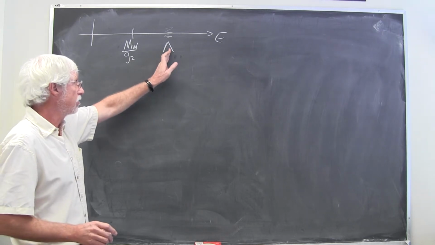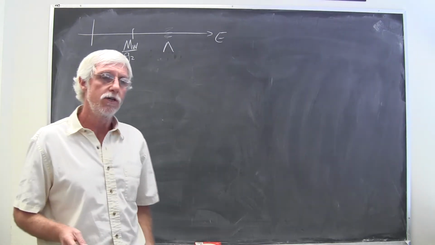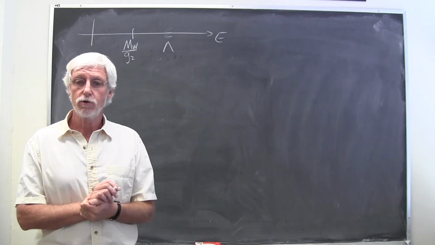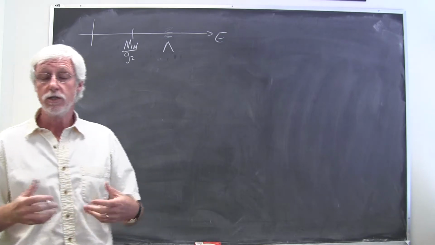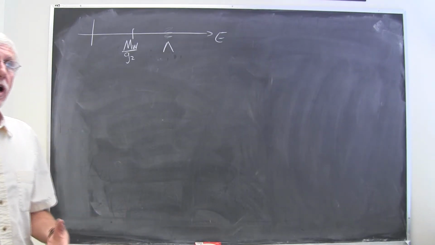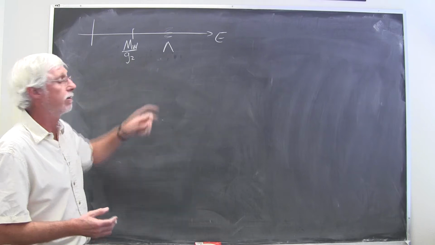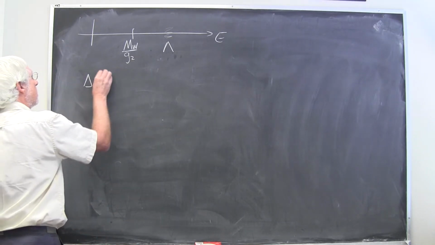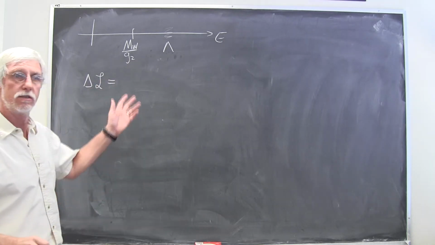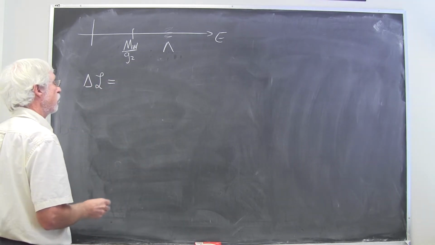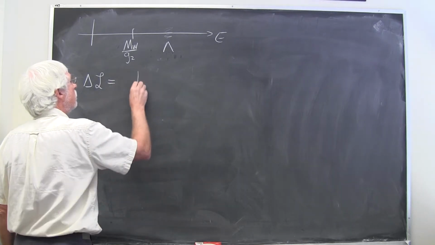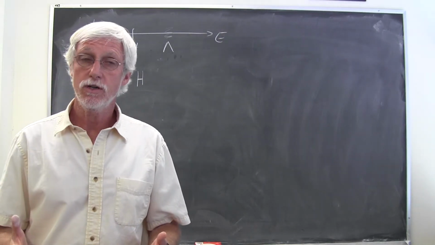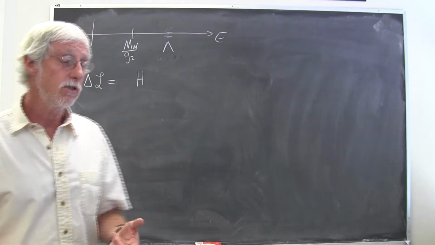And in particular, at energies below lambda, we can integrate all those particles out, and what we'll end up with is an effective Lagrangian for the standard model that includes the standard model itself, plus higher dimension operators characterized by the scale lambda. So the kind of terms I have in mind are things of the following form, just to give you an idea. Let me pick one. They have to be made out of standard model fields, and they have to be invariant under the full gauge symmetry of the standard model.